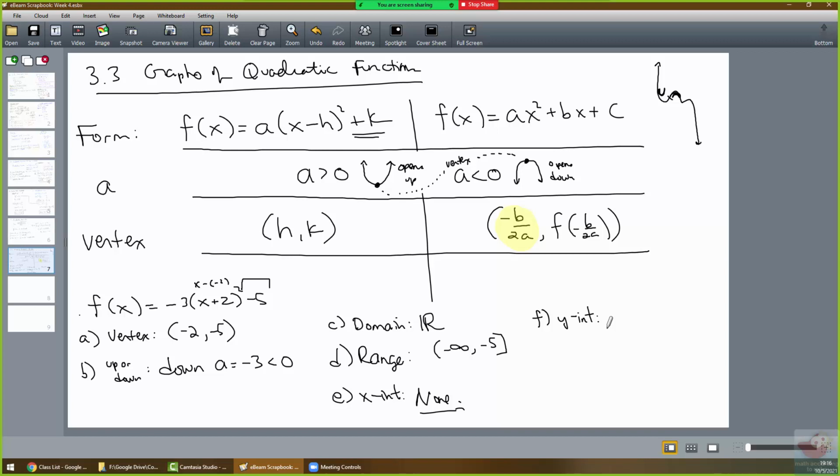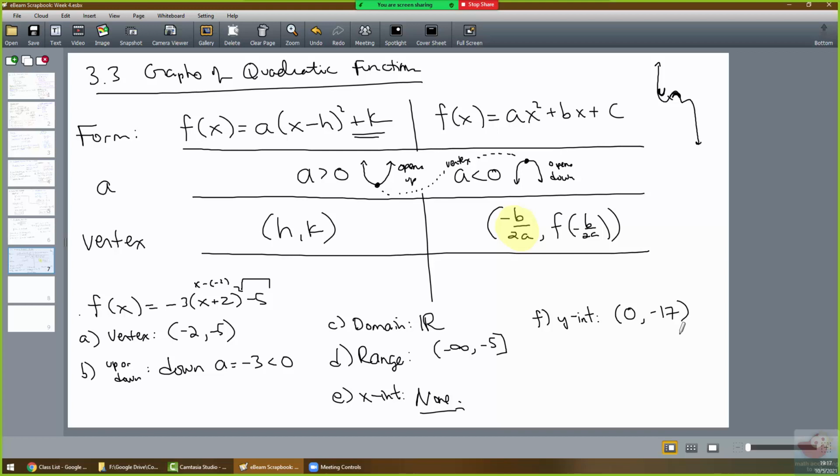Unfortunately, here we have to go back to the definition and put in 0 for x. So 0 plus 2 is 2, 2 squared is 4, times -3 is -12, minus 5 more is -17. So 0, -17.